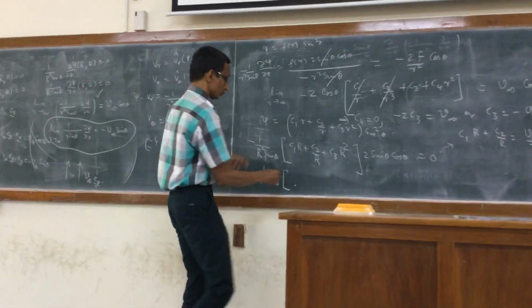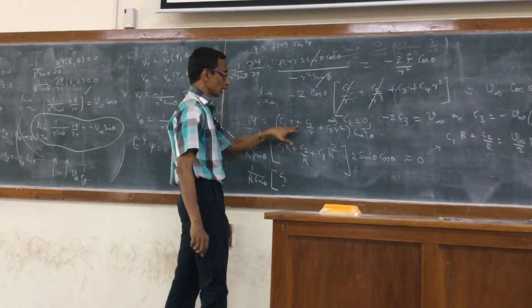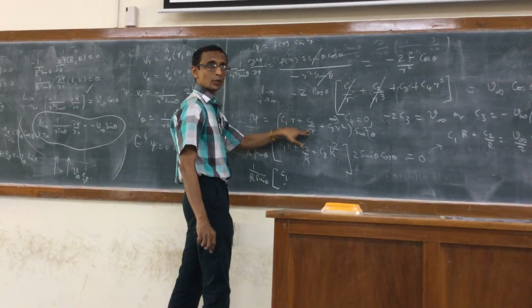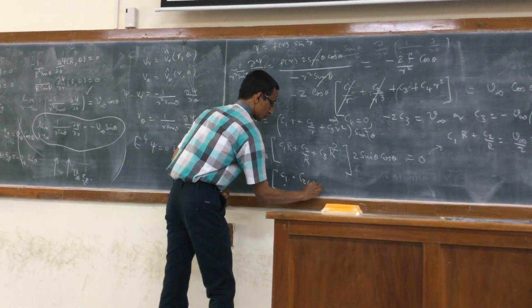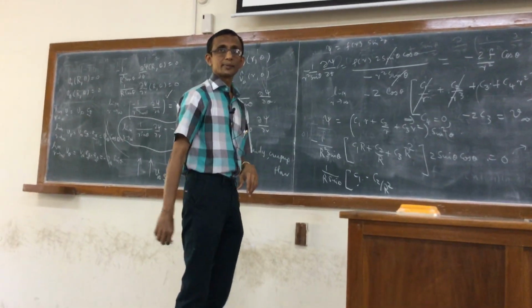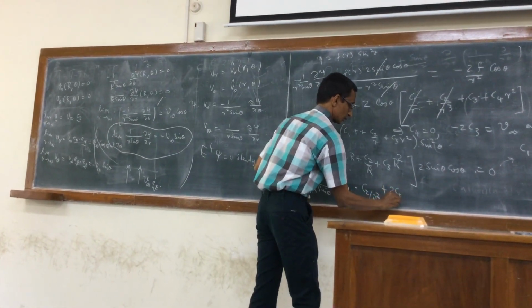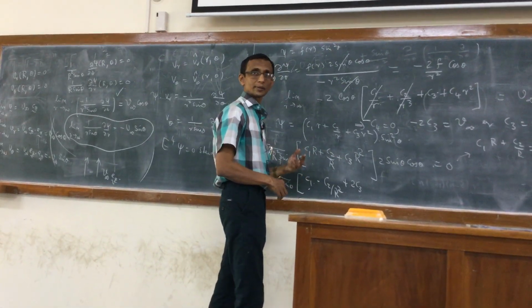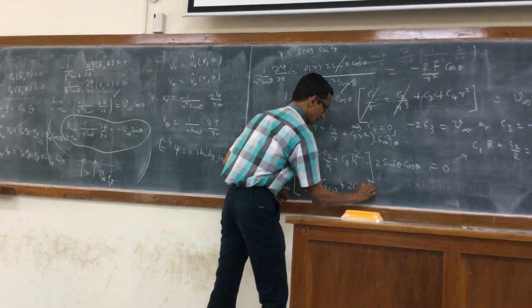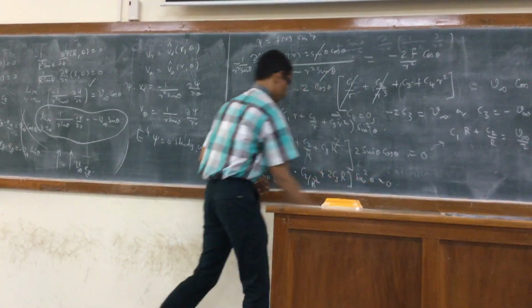So if I do that, this would be C1, differentiating with respect to r, minus C2 by r square, plus 2 C3 times r, and that also has to be evaluated at the surface of the sphere. So that times sine square theta is also equal to 0.